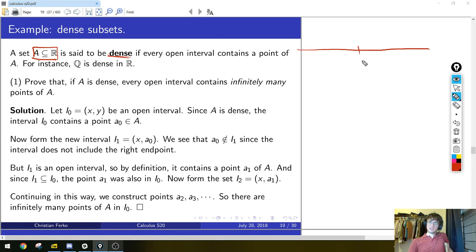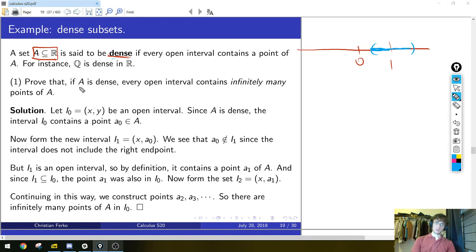For instance, the rationals are dense in the reals because if we take any open interval, there's always guaranteed to be at least one rational in this interval. It's kind of intuitive based on what we've seen from chapter 1, right? Because there are infinitely many rationals spread across the real line. So if you take any interval, you're guaranteed to have at least one. That's what dense means. Dense means every interval has at least one.